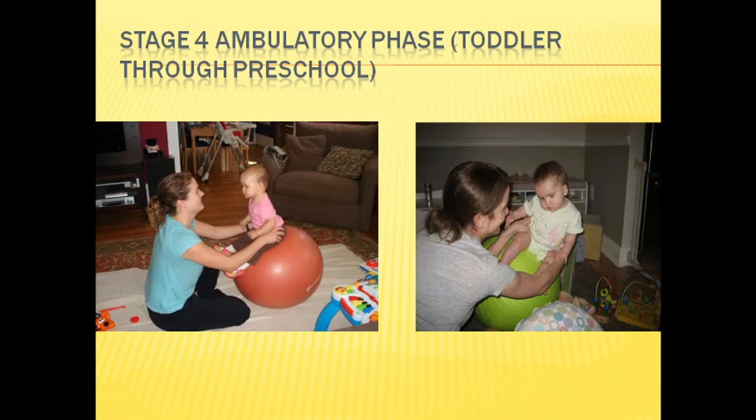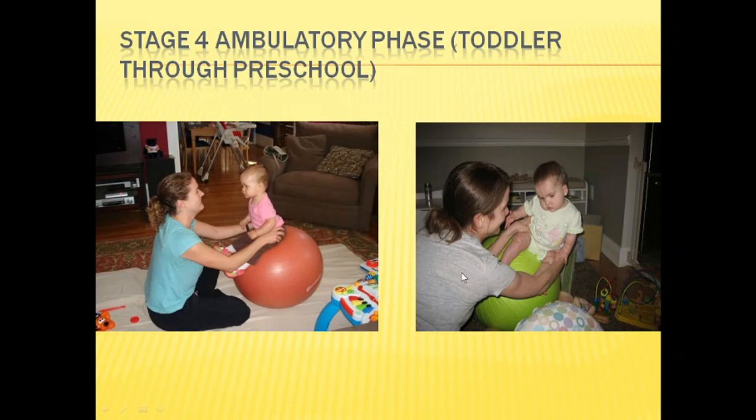Now in this slide, the child is seated on the wall. In the first photograph, the child is not moving, so it is dynamic on static, and this is also dynamic on static.